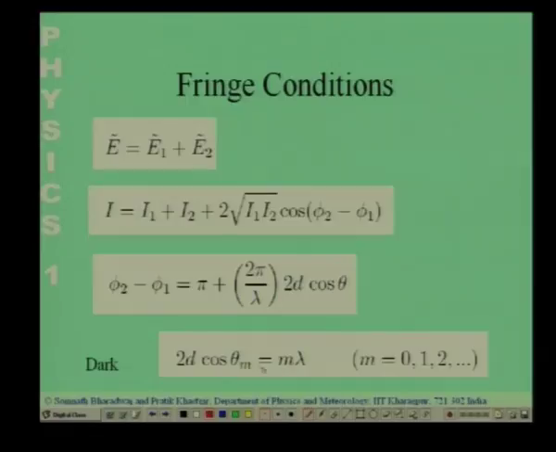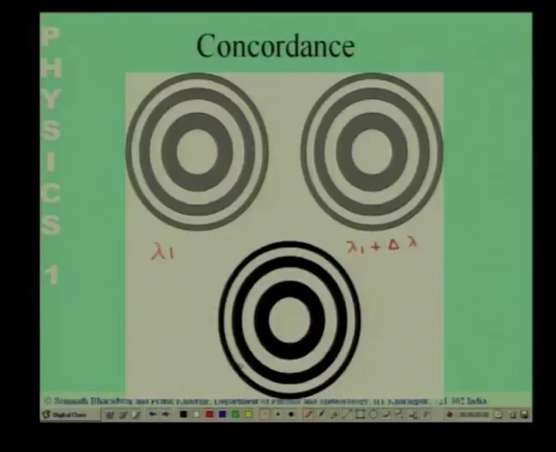Now, you can see that if lambda is different, if I have lambda 1 and lambda 1 plus delta lambda, the two fringe patterns cannot coincide everywhere. As you increase theta, they will not coincide anymore, but the point to note here is that you can ensure that they coincide in some central region. The fringe patterns coincide in the center of the field of view. So, we are not really concerned whether they coincide or not in the outer parts of the field of view.